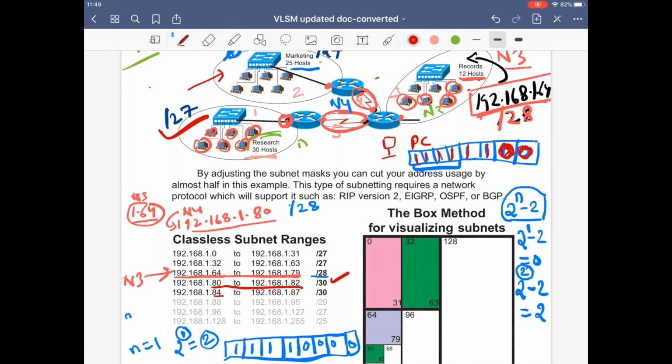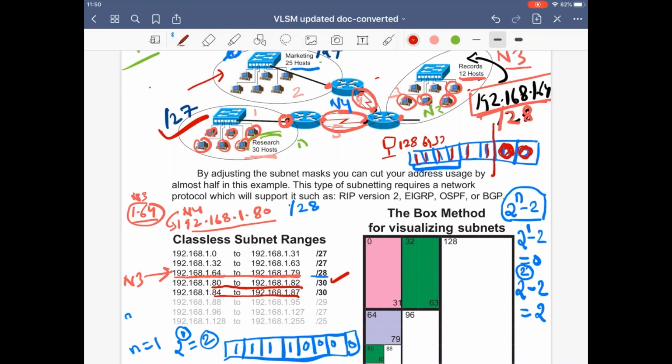After that dot 84 to dot 87. And the valid range will be here, 1, 2, 4, 8, 16.